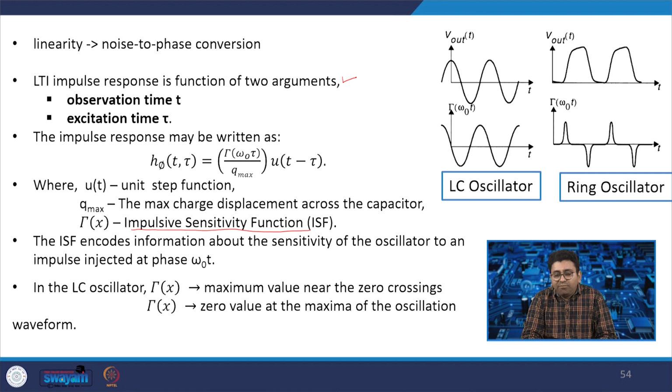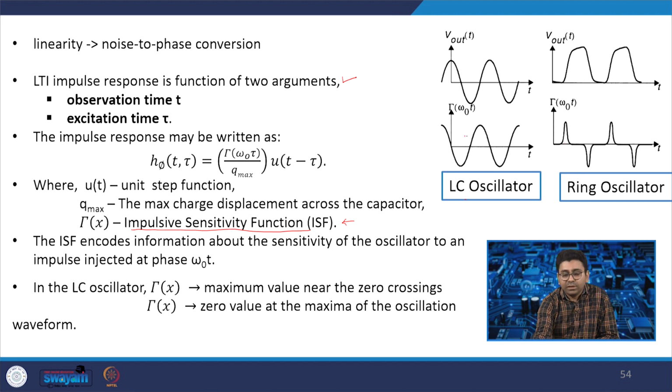So, it is unitless, and if we consider the LC oscillator, this impulse sensitivity function is periodic in nature. It will change, for an LC oscillator, like a sinusoid, and for a ring oscillator it has an impulse-like behavior like this.